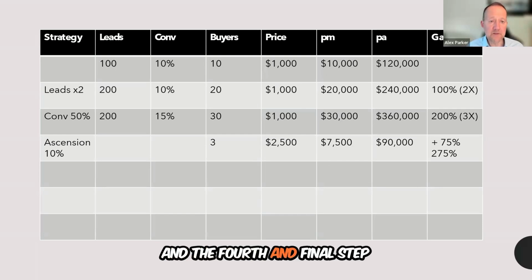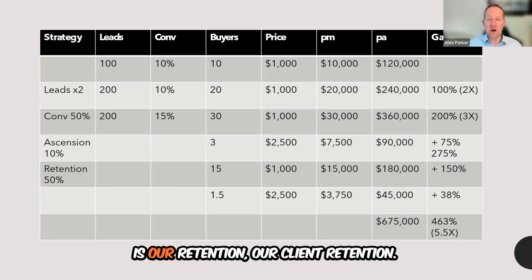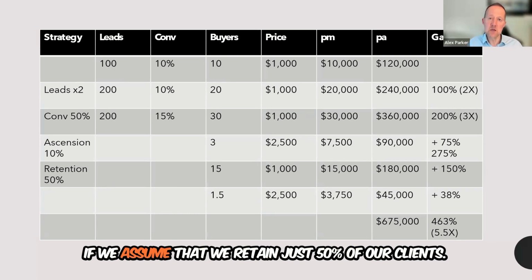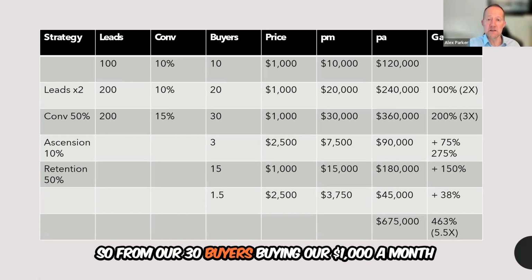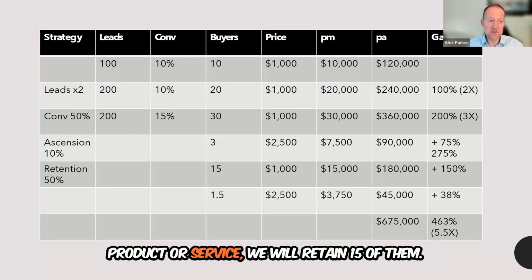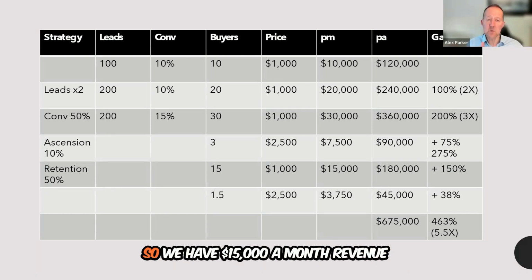And the fourth and final step is our retention, our client retention. If we assume that we retain just 50% of our clients, so from our 30 buyers buying our $1,000 a month product or service, we will retain 15 of them. So we have $15,000 a month revenue and $180,000 a year extra revenue.